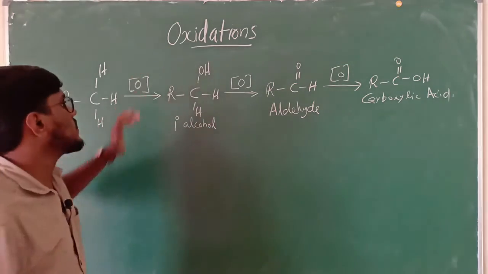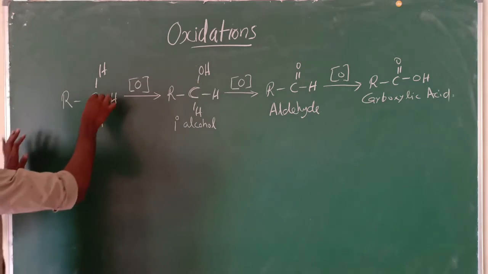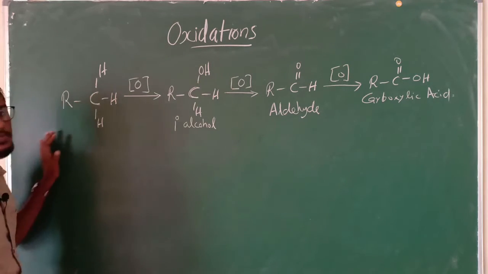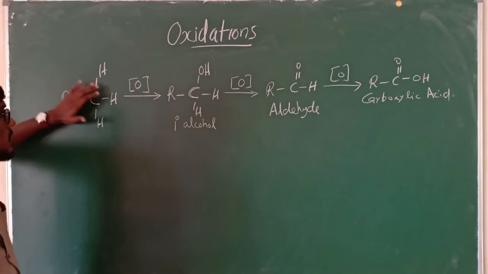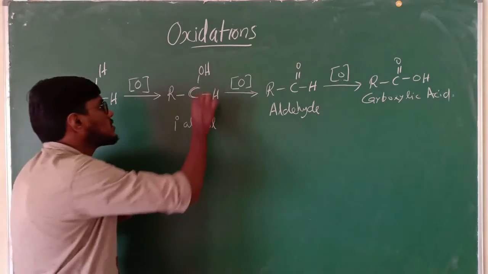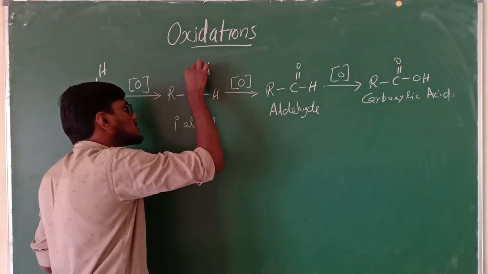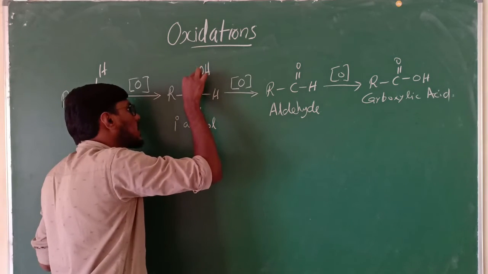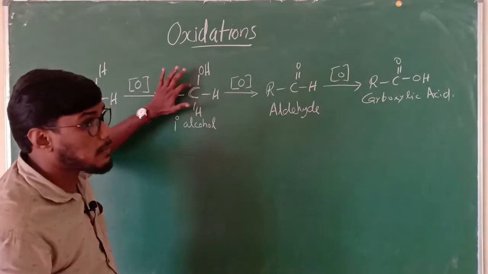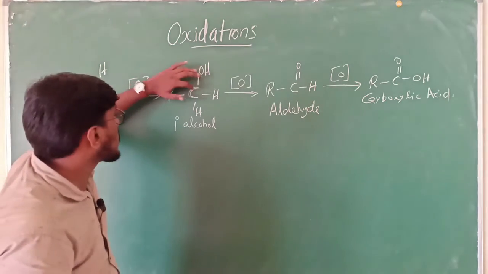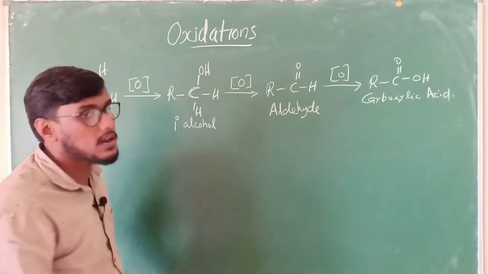Here you can see that in this compound there is no carbon oxygen bond. You can never find a carbon oxygen bond here. But on oxidation of this compound, this primary alcohol is formed, and a single carbon oxygen bond is formed in this primary alcohol.